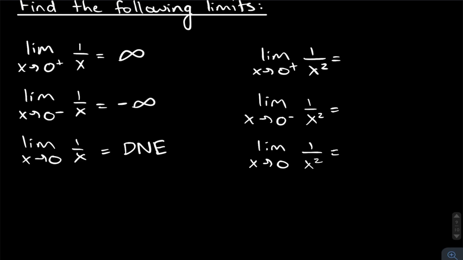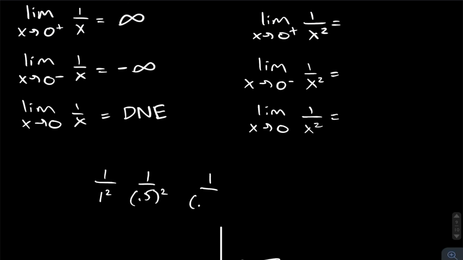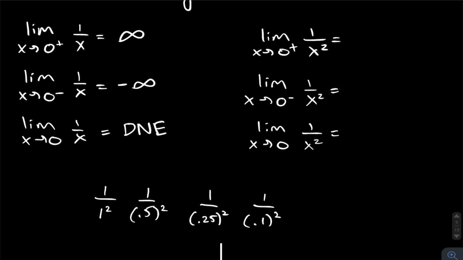Now we'll have things like 1 over 1 squared, 1 over 0.5 squared. We have the x value still approaching 0, but now from the positive side, so we get positive values of x that are just getting smaller and smaller. So here you can see that denominator is just getting smaller and smaller, and so this thing blows up again. And so we get infinity.